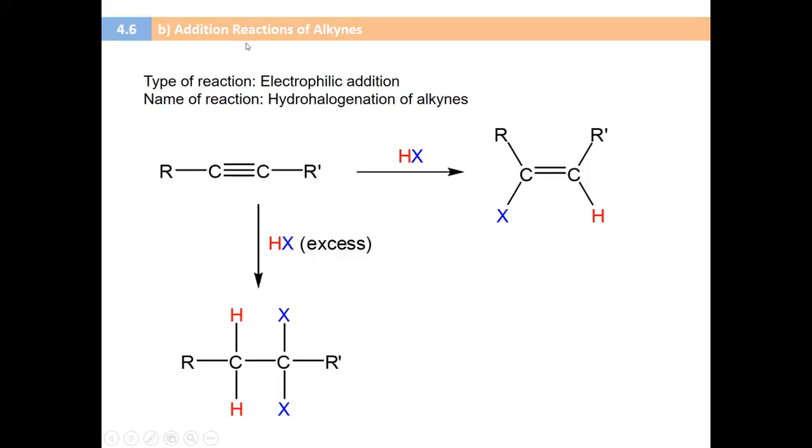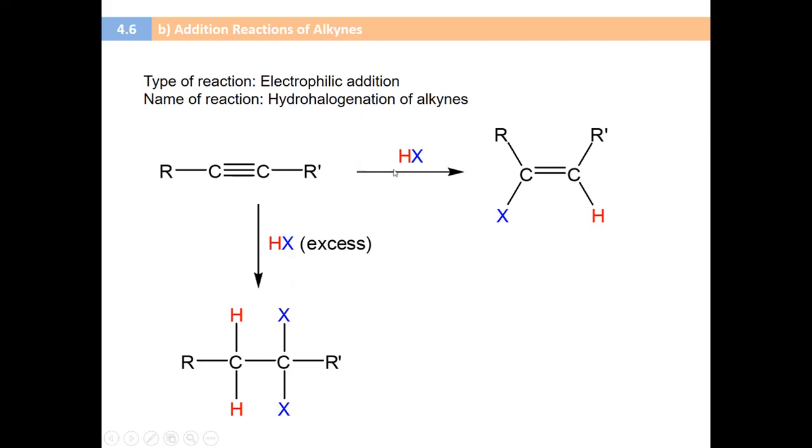How about the addition reaction of alkyne with HX, or we call it hydrohalogenation of alkyne. So in the reaction of hydrohalogenation, the reagent used is HX. X is referring to chlorine and bromine.